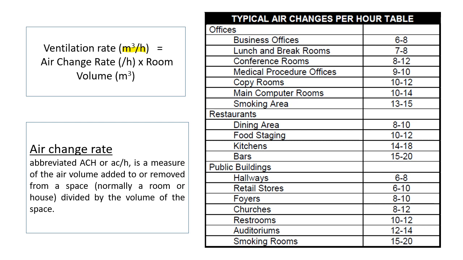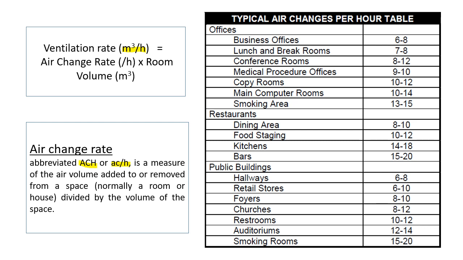And the air change rate is also abbreviated as ACH, or AC over H. H is hour, and AC is the air change.